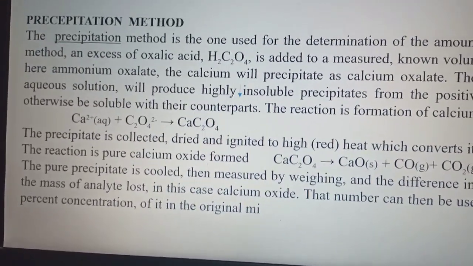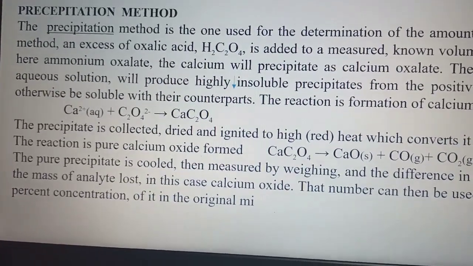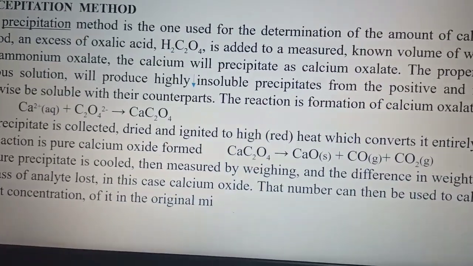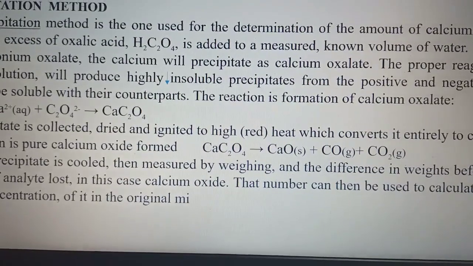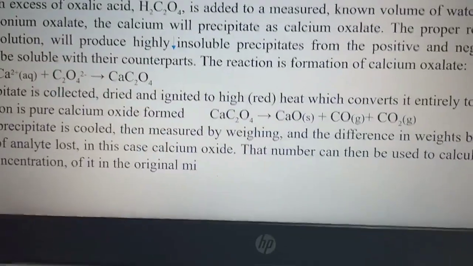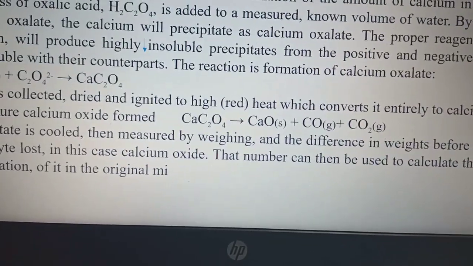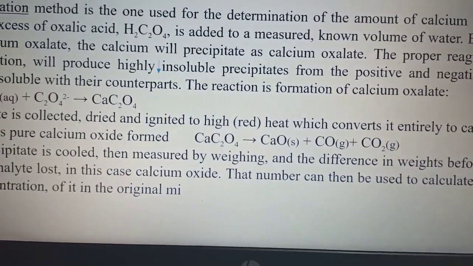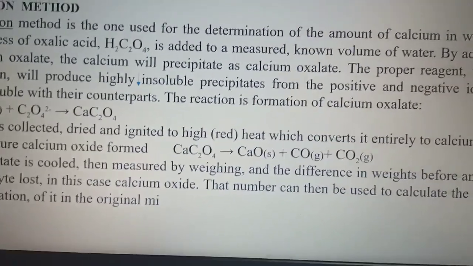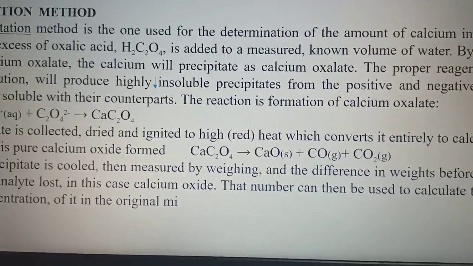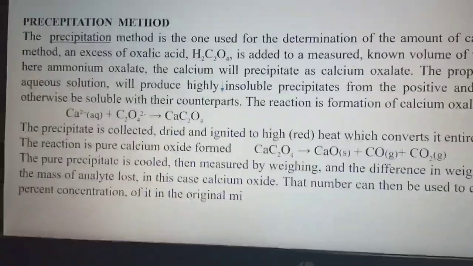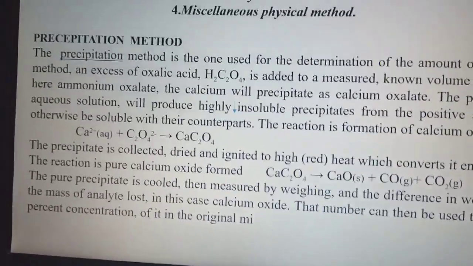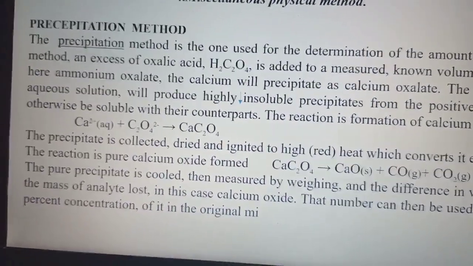For this, the calcium carbonate formed in the first equation is subjected to heating, ignition. On heating, it will decompose to give calcium oxide, CO2 and CO. The amount of calcium oxide formed at the end of the reaction is determined and the quantity is noted. This is what we call the precipitation method.